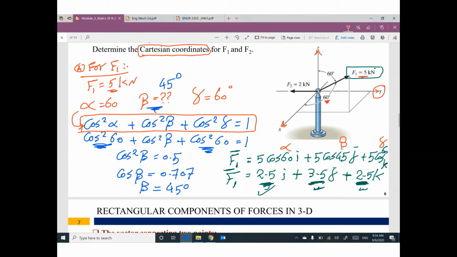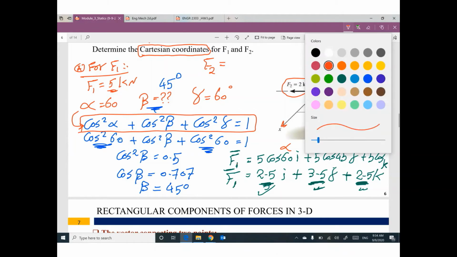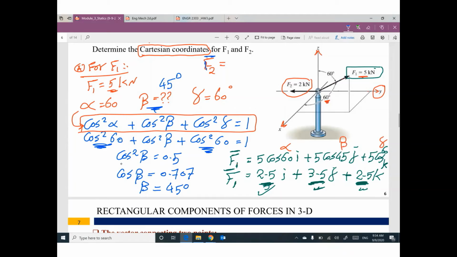We still have another force. We are looking for components of F2. F2 is very easy. Why? So right now I'm looking for F2 as a vector. F2 is in Y direction. So we don't have X component. We have Y component, which is negative 2J.